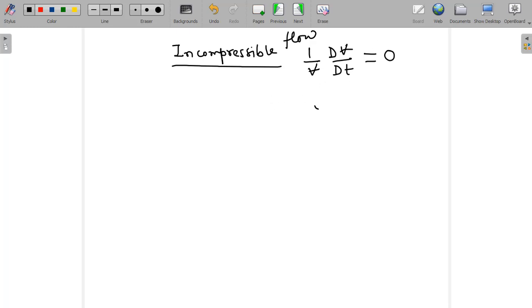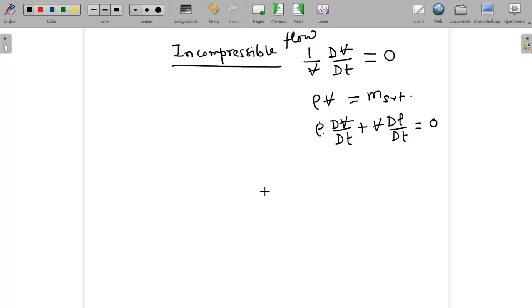So this is our assumption, incompressible flow, so this quantity is 0. Now we know that the density times volume is the mass of the system, since we are doing the differentiation at the system level. That is why we are doing the Lagrangian derivative, or the material derivative. So if you differentiate both sides, ρ dV/dt plus V dρ/dt is equal to 0.